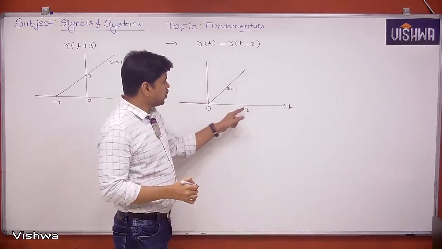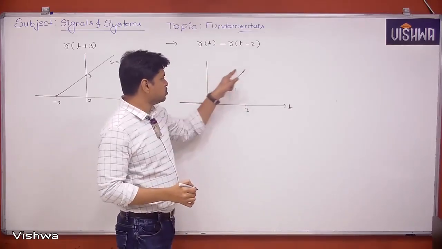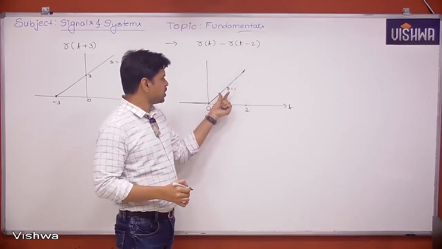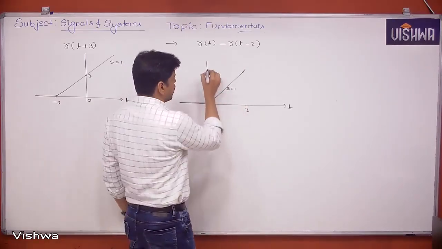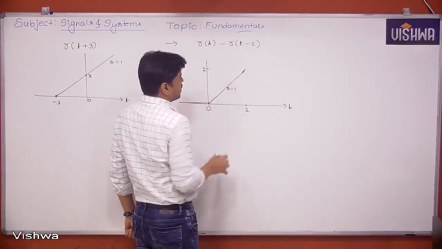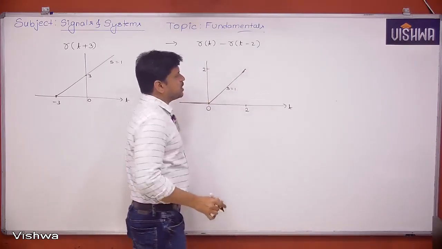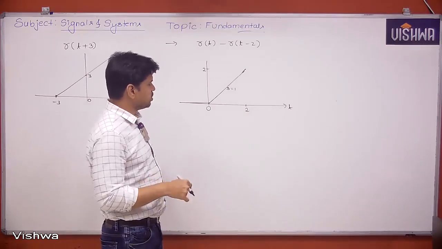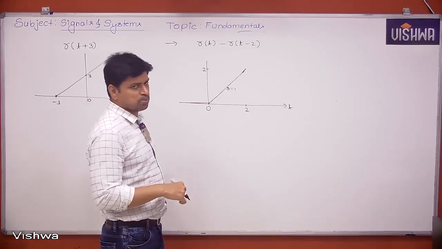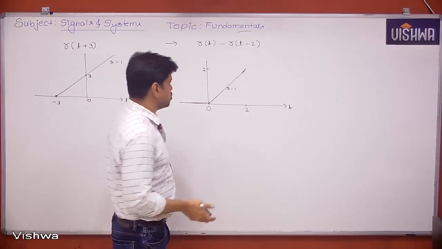So can you tell me what is the amplitude at 2? Because it is a slope 1 line, 2 unit change in x-axis gives 2 unit change in y-axis. Next, at 2, it is introducing a minus 1 slope. Already 1 is the slope. If it is introducing minus 1 slope, then the final slope will become 0.